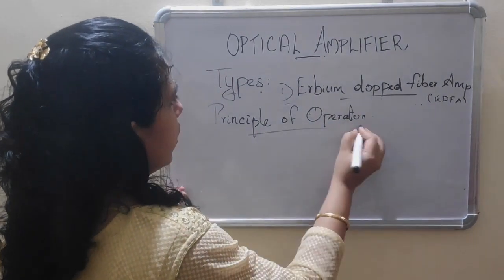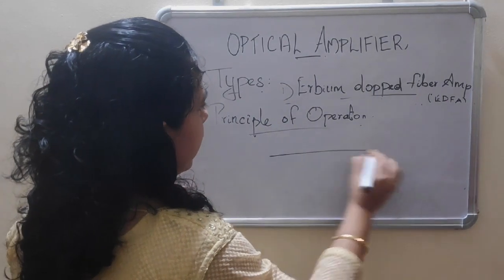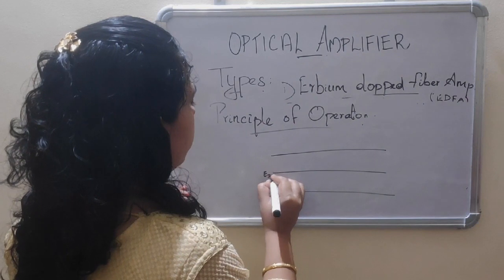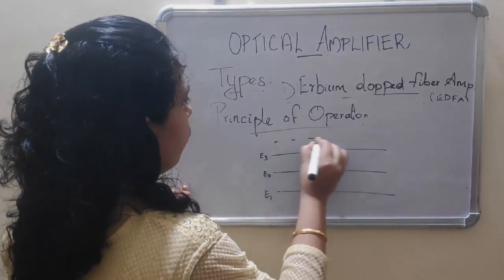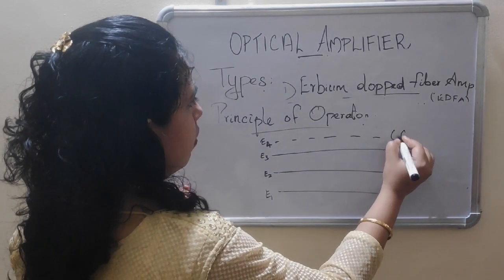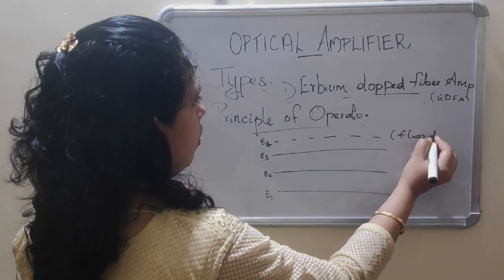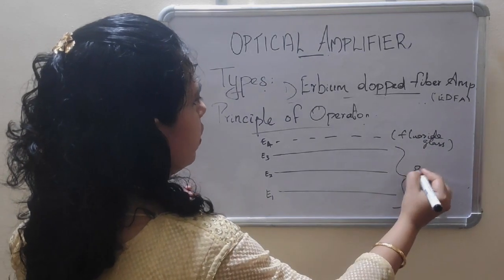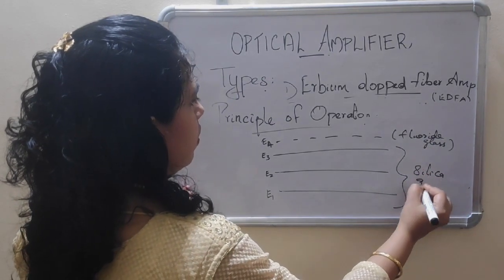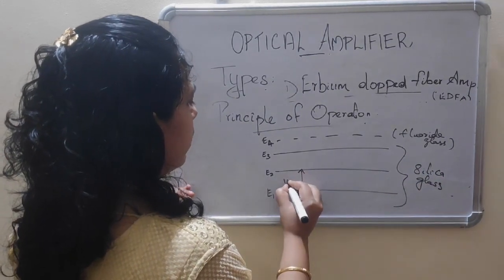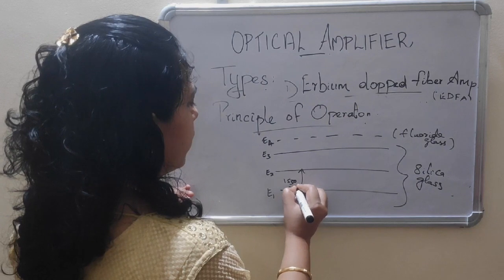In the principle of operation, we are considering three energy levels. E1, E2, E3, and E4 also we are considering, but E4 is used in fluoride glass only, and these three are used in silica glass. Here E1 to E2 transition is at the range 1430 nanometer.